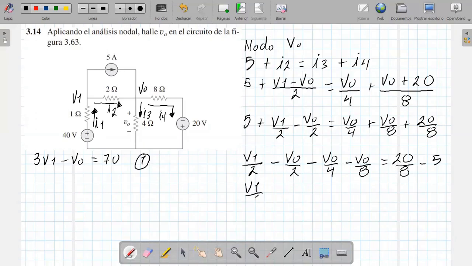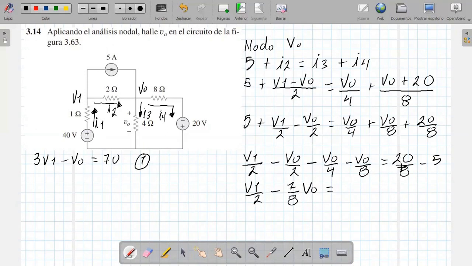V1 over 2, and the V sub 0 coefficient is minus 1/2 minus 1/4 minus 1/8. That gives me minus 7/8 V sub 0 equal to 20 over 8 minus 5.